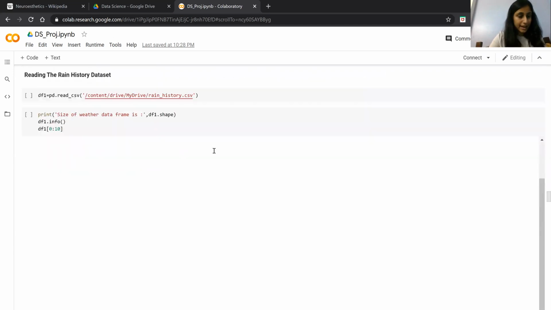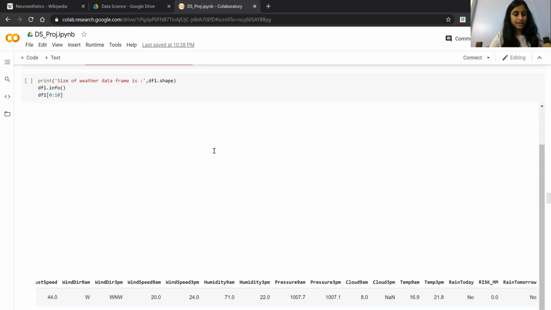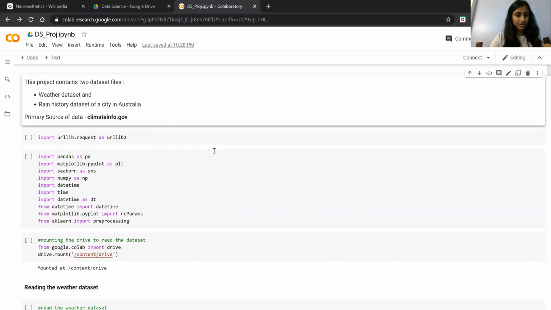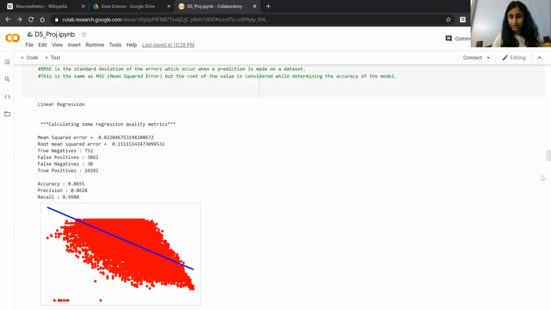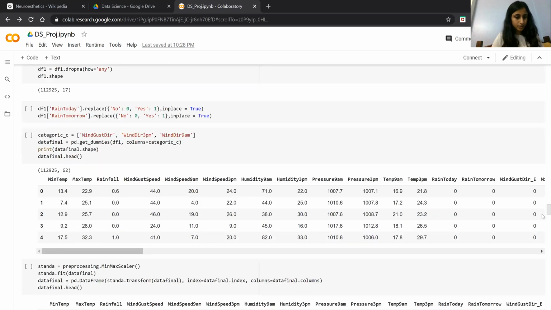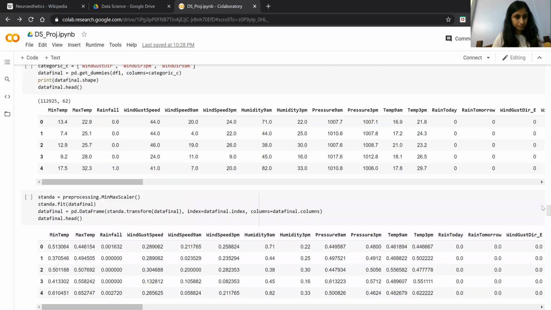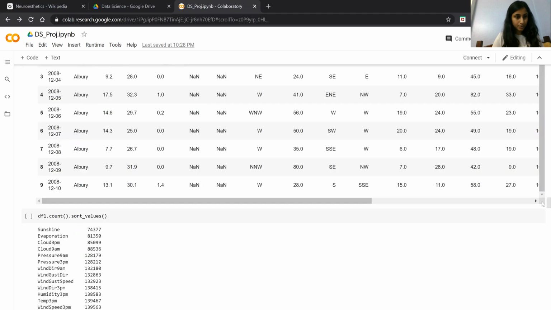Okay. So next, coming to reading the rain history data set. This is our second data set. This is the rain history data set.